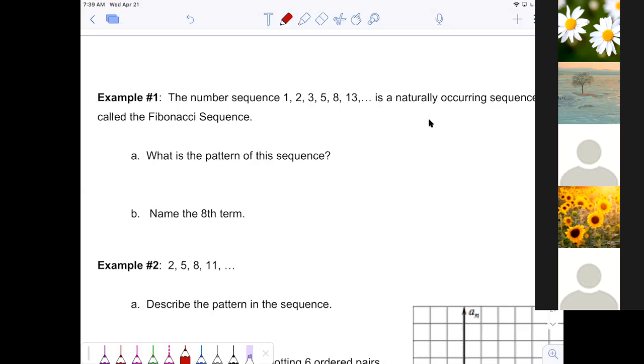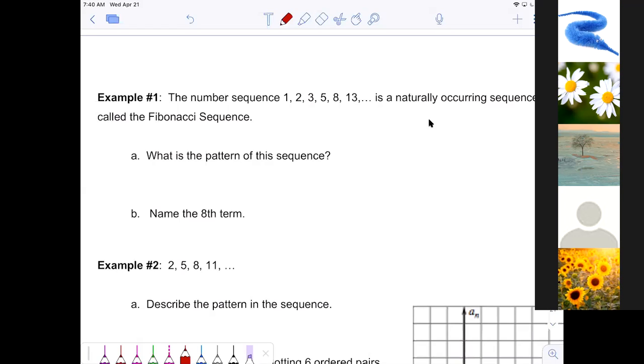What's happening with these numbers to find the next value in the sequence? And that's the goal. So what do you do with the number that you have to find the next number? Or how do the terms find the next number? Anybody have an idea? You're really going to have to think outside of the box for some of these. Ella, what do you see?